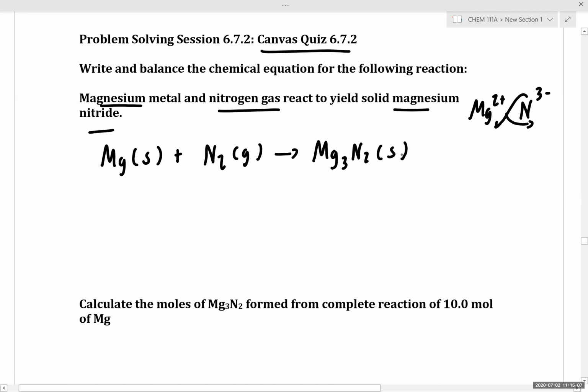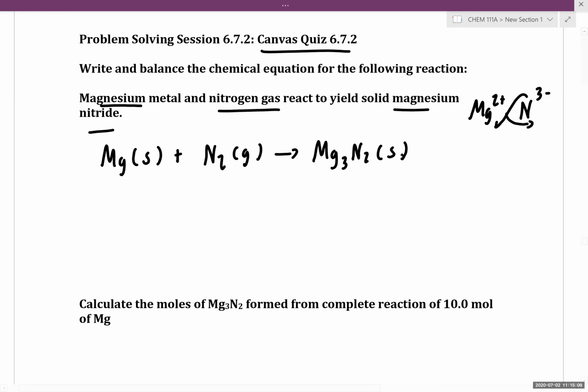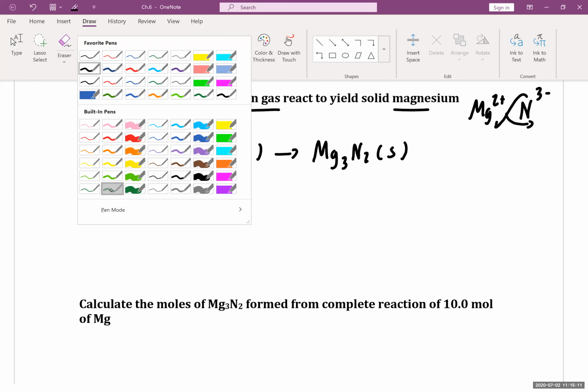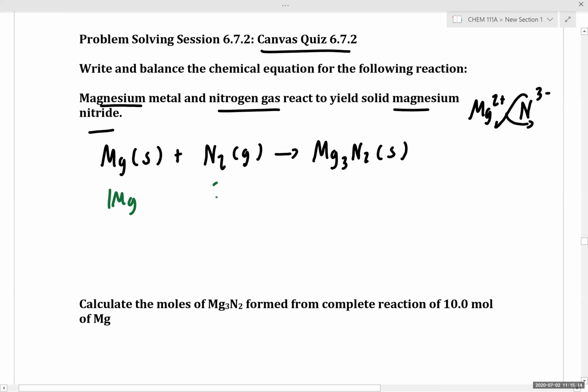Okay, now this equation clearly is not balanced. So just looking at this equation, we have 1 magnesium on the left, we have 2 nitrogens on the left, and we have 3 magnesiums and 2 nitrogens on the right. So what coefficient do we guess for magnesium to give us 3 magnesium atoms on each side? 1 times what would give us 3?